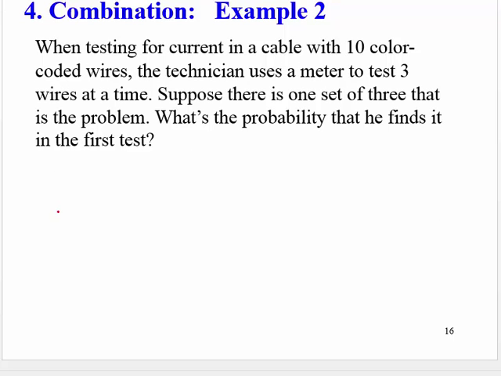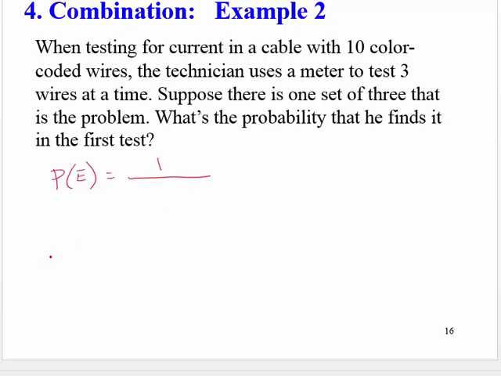When testing for current in a cable with 10 color-coded wires, a technician uses a meter to test 3 wires at a time. Suppose there is one set of 3 that is a problem. What's the probability that he finds it on the first try? Well, the probability of our event is just equal to one way he finds it on the first try, over how many different?